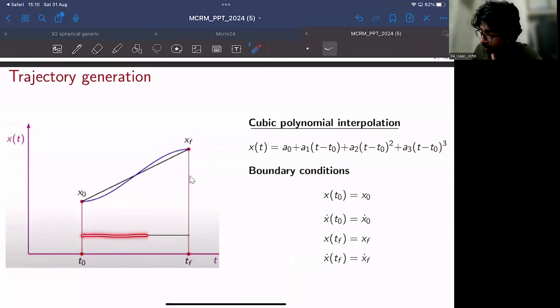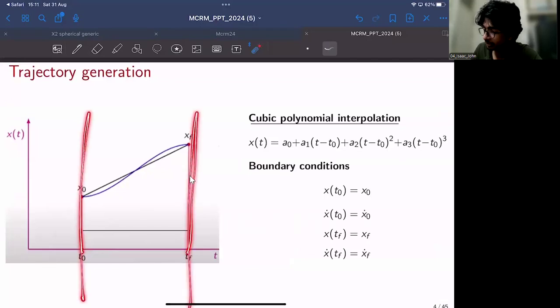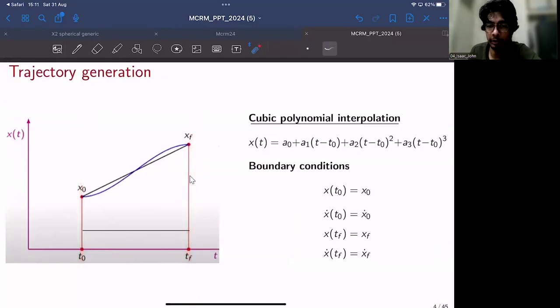If this is the velocity profile for a straight line interpolation, how will the acceleration look? If you take the derivative of this constant, acceleration would be zero between t0 and tf. But due to the instantaneous jump in velocities, the acceleration will be infinite at the start and at the end. Between t0 and tf it will be zero, but it will have infinite jerks at the boundary points.